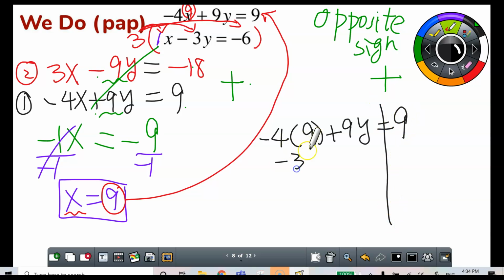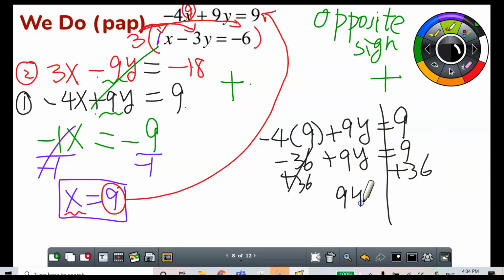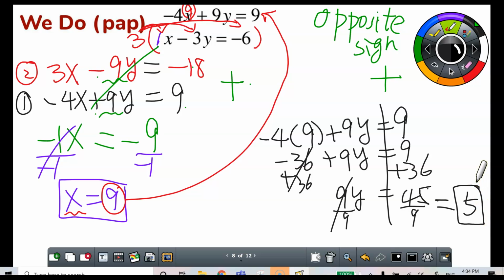You have this, and then add 36. And finally divide by 9. So you have y equals 5. And that's it. Okay.